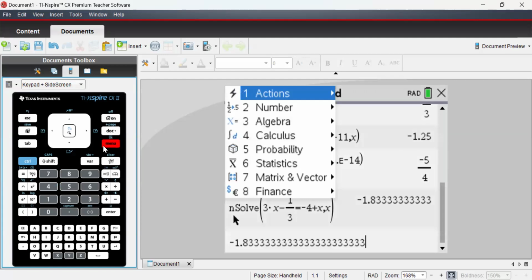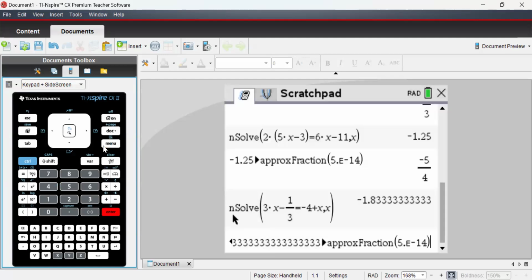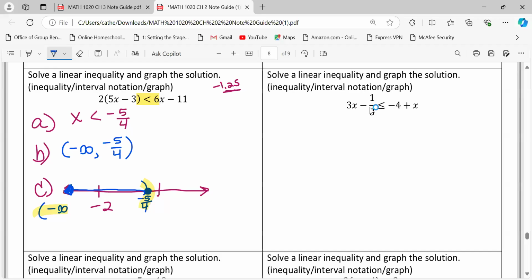So menu, number, approximate to a fraction, and then hit enter again. When you get that 5 to the E, you need to hit enter again. So that's -11/6. We bring down the inequality symbol like we see it, and the fraction was -11/6.